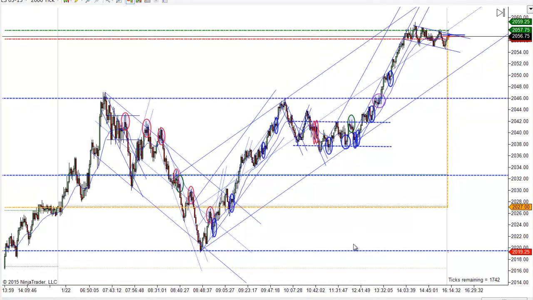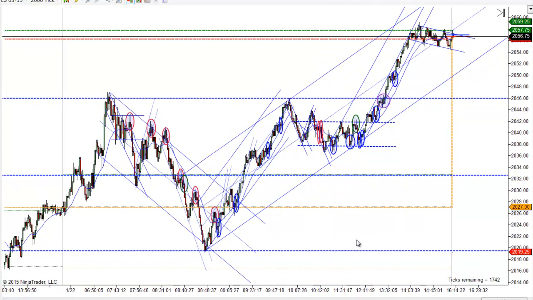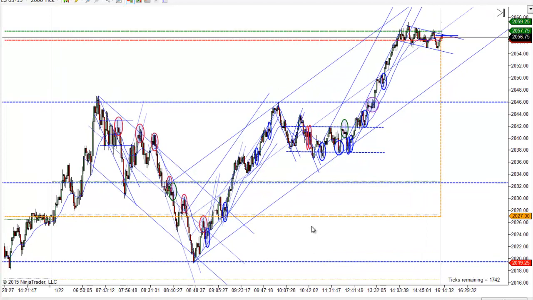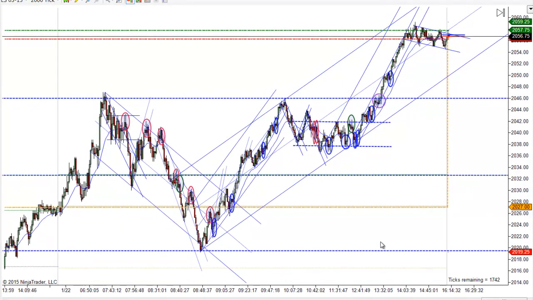That's why I love the ES so much. It's really very predictable. You get nice moves like this, and if you understand what's going on in the chart in front of you, it's fairly easy to understand where prices are going shorter term. That's why most professional traders trade it, because the volume is very high.